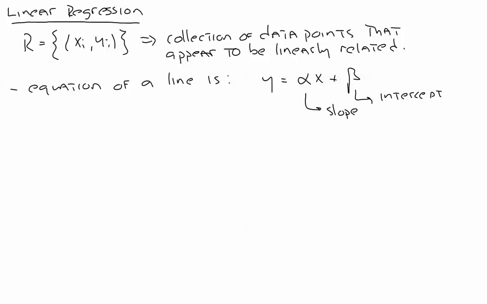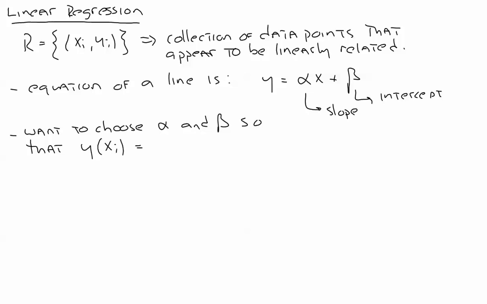What we are going to try to do is choose alpha and beta so that when we set up our equation, the function y evaluated at my data points x sub i, which will equal alpha x sub i plus beta, is approximately equal to, as close as we can, the y sub i data point.